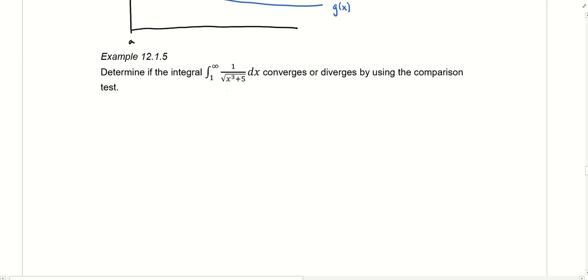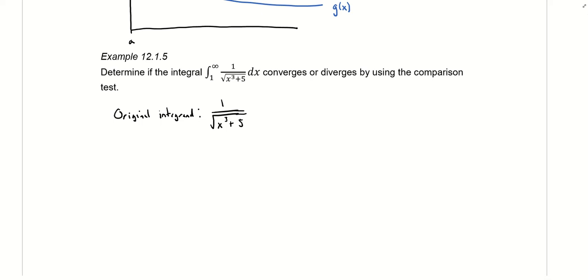So this is my original integrand, 1 over the square root of x cubed plus 5. Now, how do I come up with a comparison integrand?